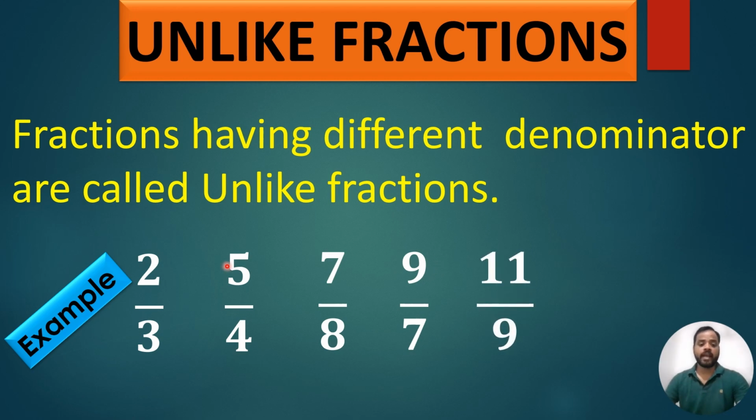Here the fractions given are 2 by 3, 5 by 4, 7 by 8, 9 by 7, 11 by 9. Here we see all denominators are different: 3, 4, 8, 7, 9. Therefore, they represent unlike fractions.